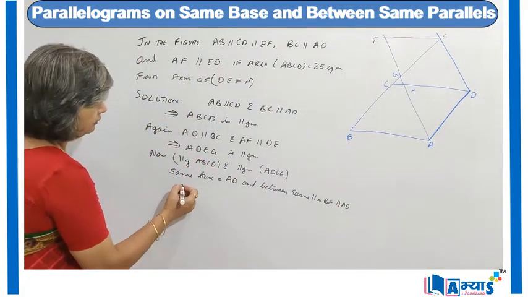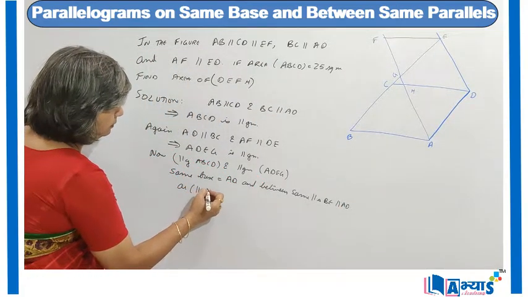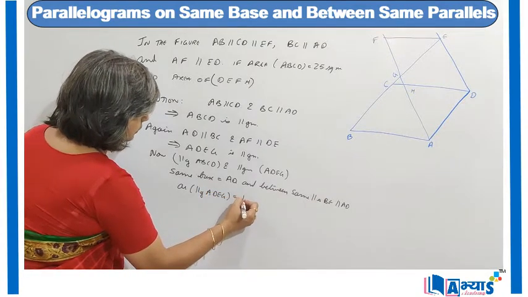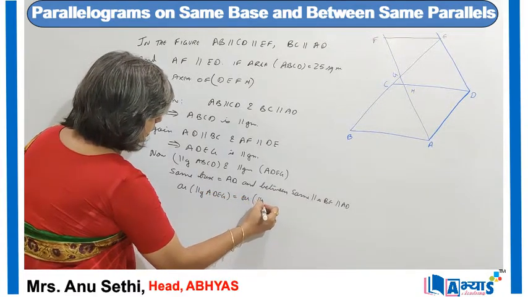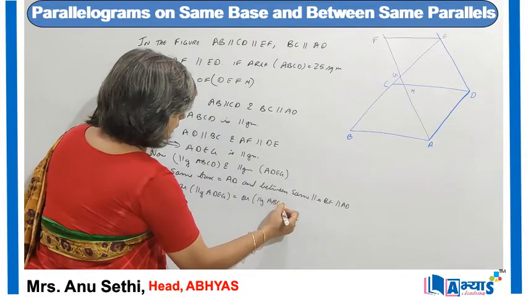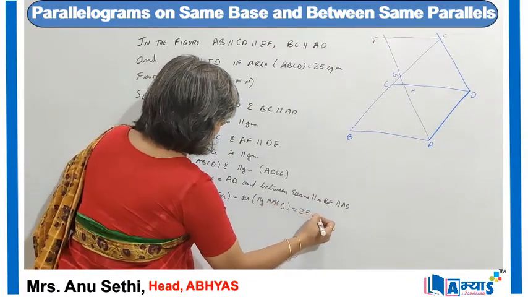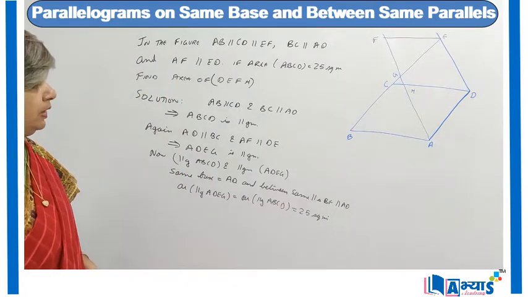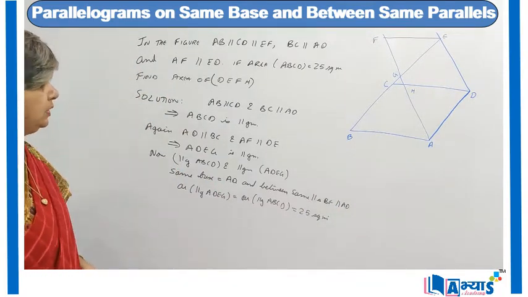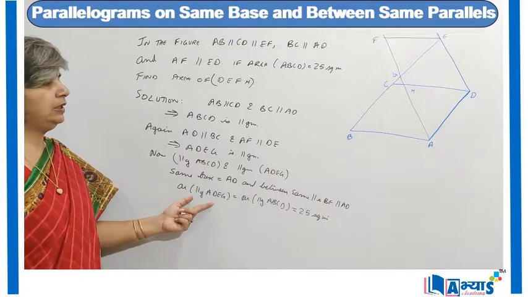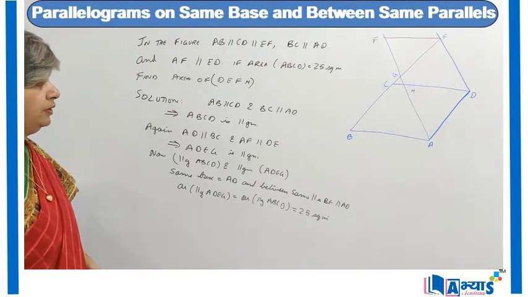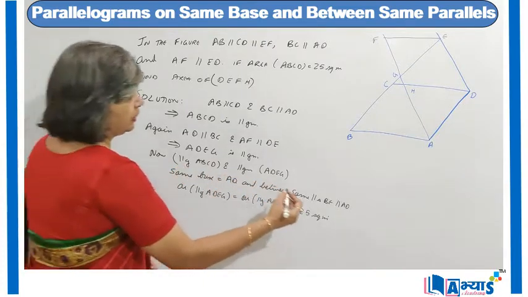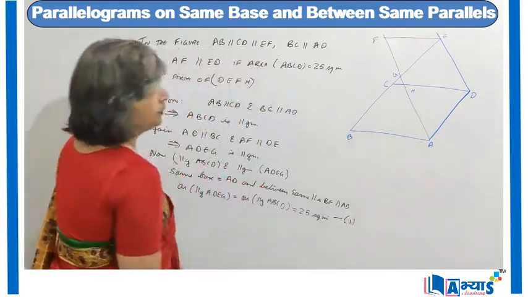So area of parallelogram ADEG will be equal to area of parallelogram ABCD, which is equal to 25 square meters. As it has been given to us that the area of the parallelogram ABCD is 25 square meters, the area of parallelogram ADEG is also 25 square meters. Now let us mark it as equation 1.